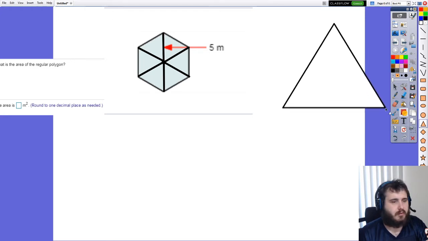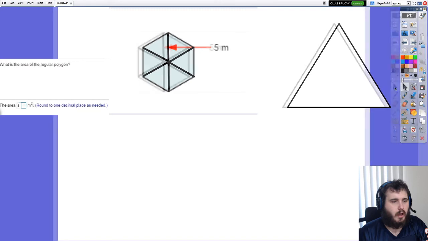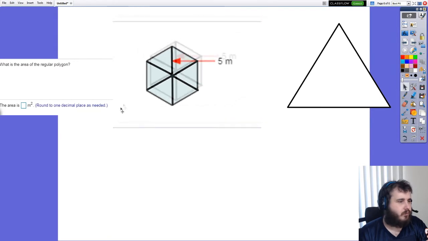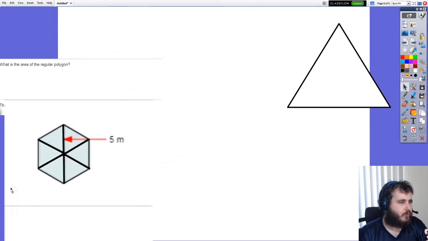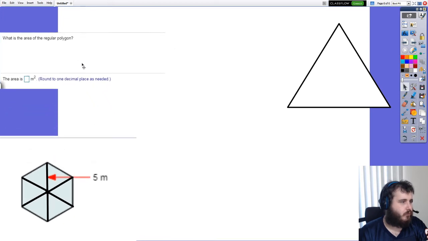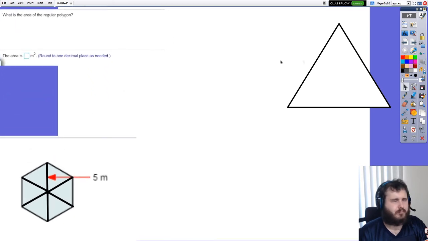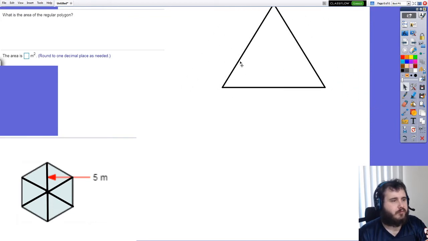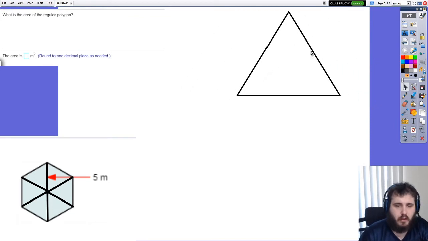Try to make it as equilateral as possible. The thing about this right here is that equilateral triangles each have angles that are 60 degrees all over.